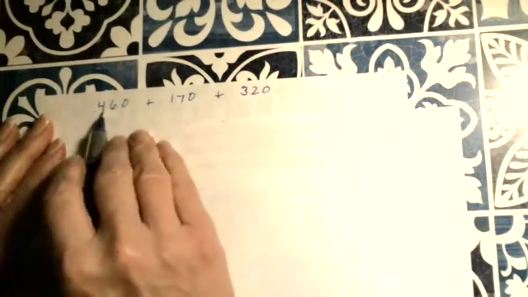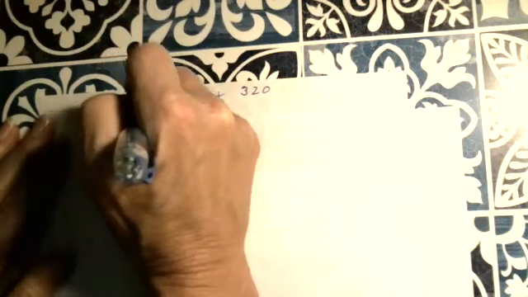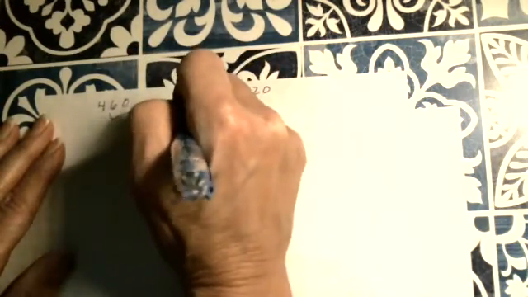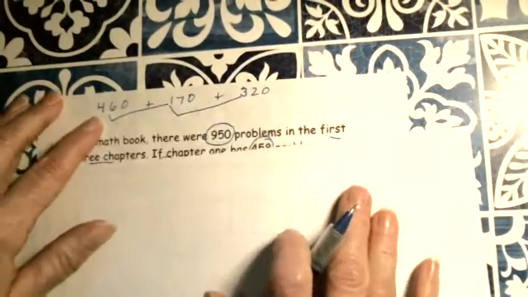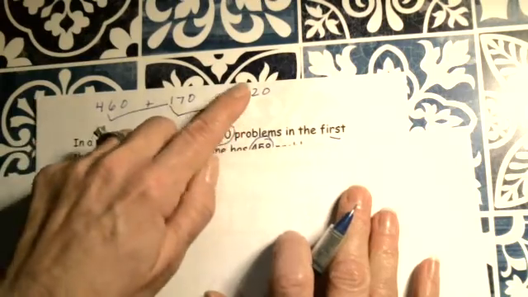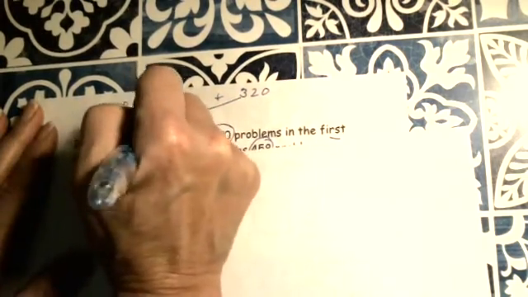I have 400 plus 100 plus 300, that's 800. So I was adding up the hundreds.